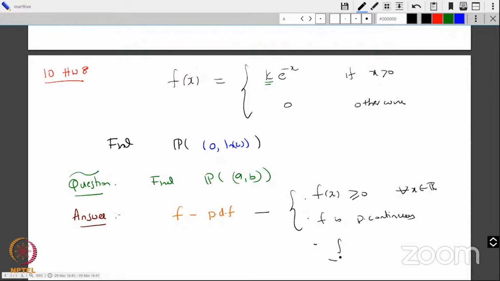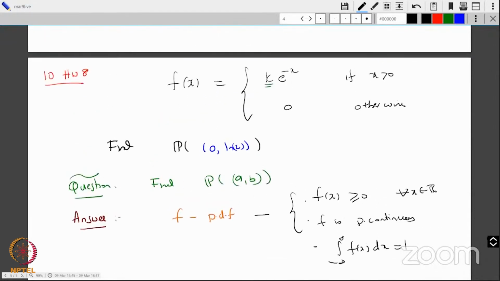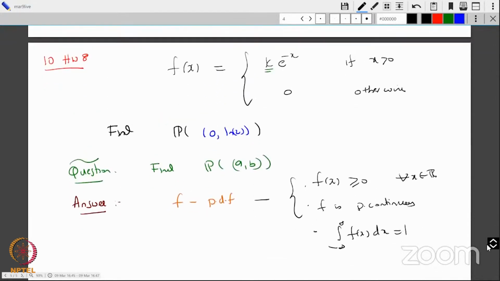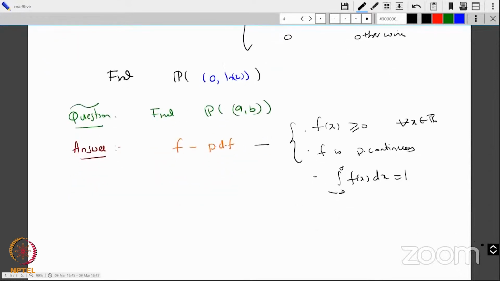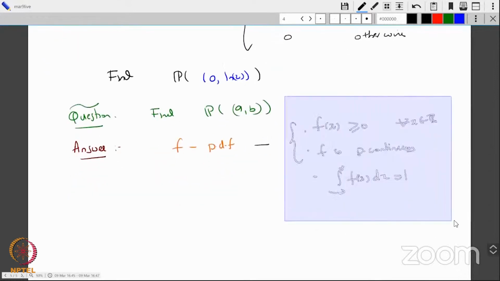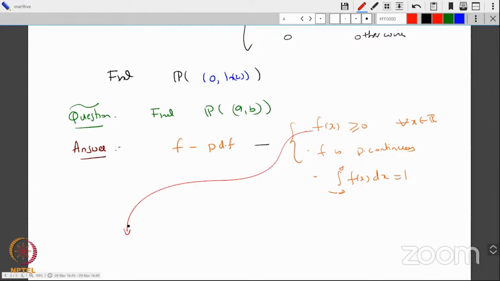And the last thing is that the integral has to be equal to 1. So from f of x being non-negative, I immediately get that k has to be non-negative.